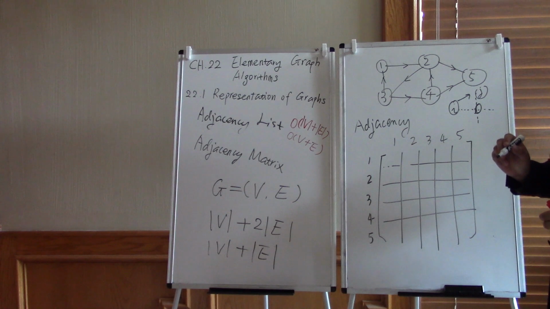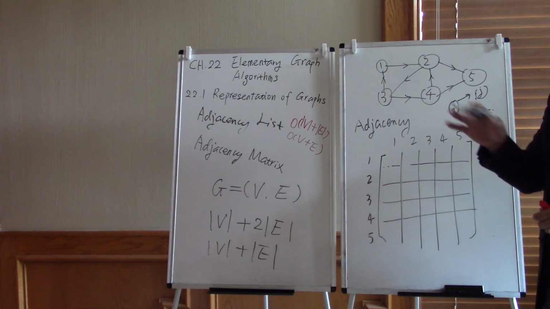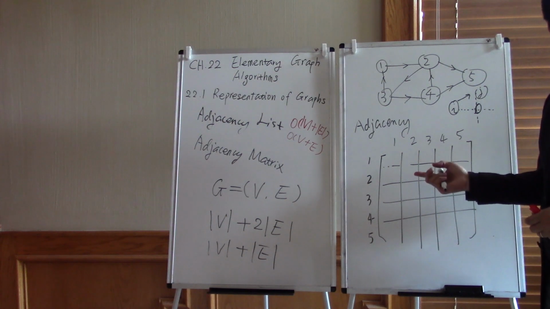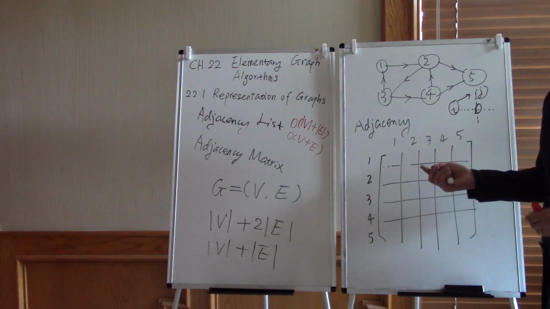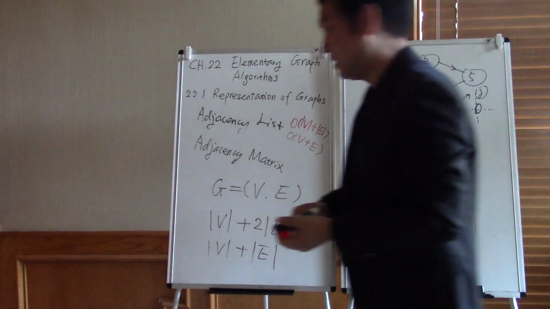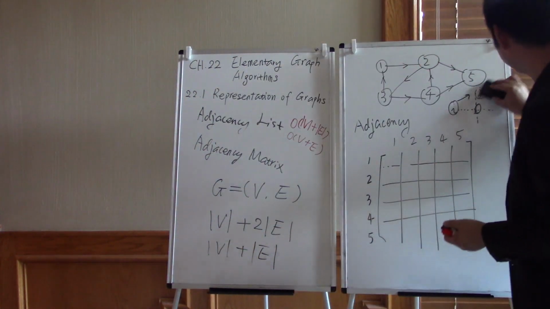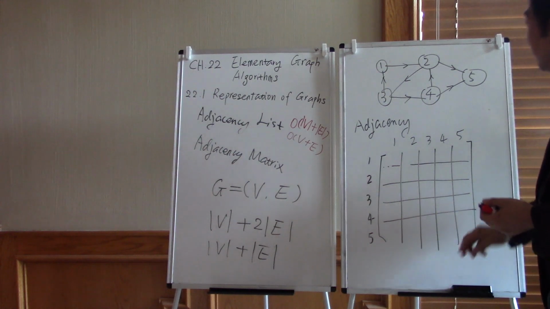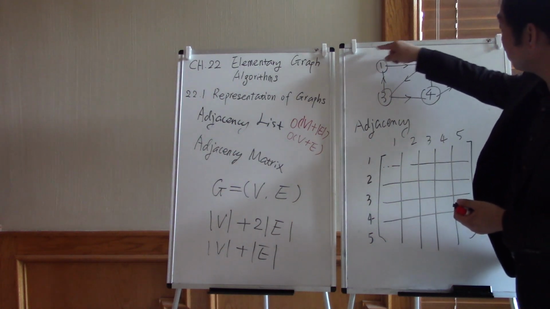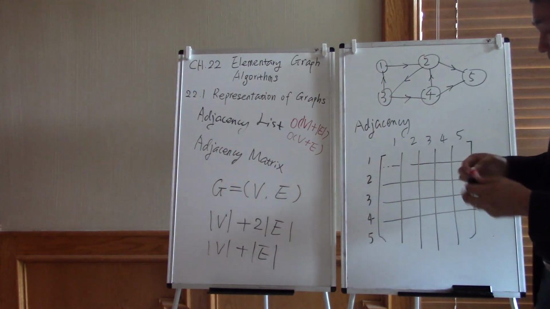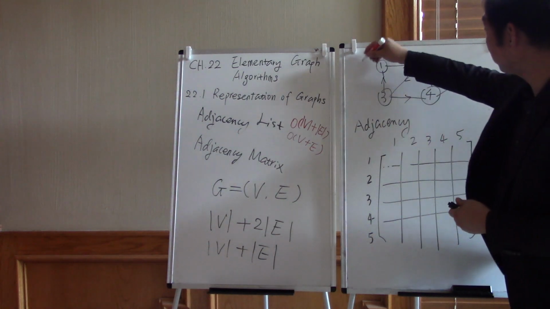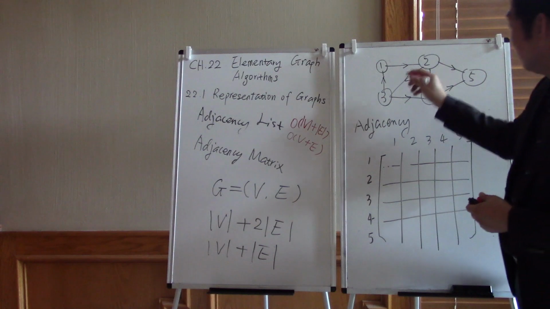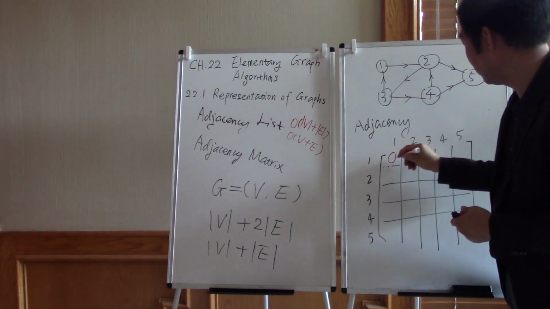Again, remember, if there's an edge from node i to node j, then the entry on the ith row and jth column will be 1. Otherwise, it will be 0. Now let's see what the result will be. Do we have an edge from node 1 to node 1? We don't. In general, we could have an edge from node 1 to node 1; that would be called a loop. But here we don't have a loop, so the entry is 0.